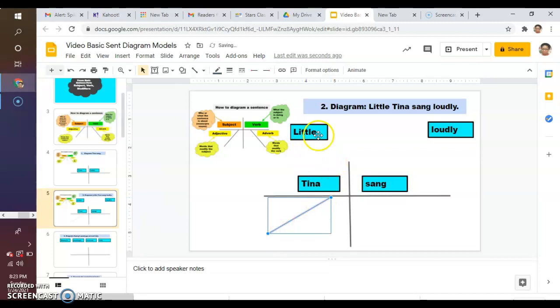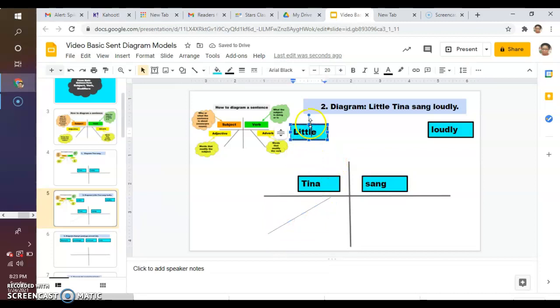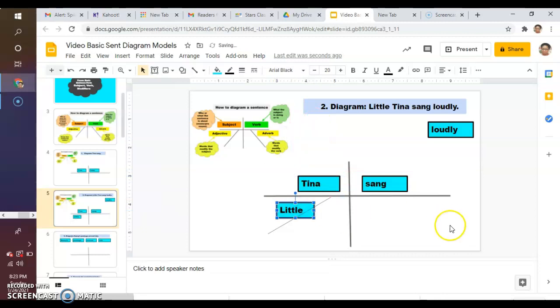Okay, so we can put little under Tina. All right, so loudly, is it telling you about Tina or about her singing? Well, loudly tells you how she sang, so it's modifying the verb, an adverb, so it goes under the verb line.